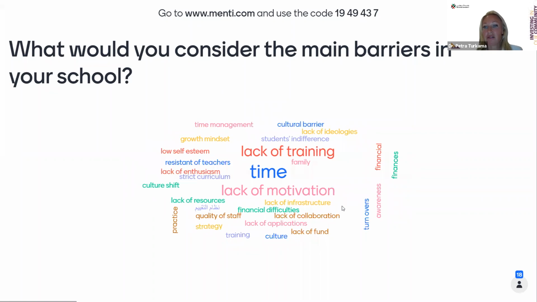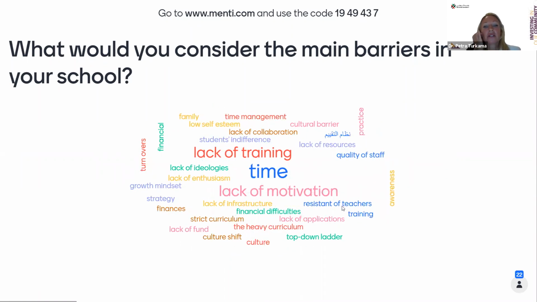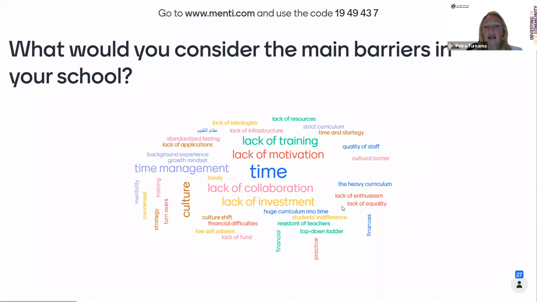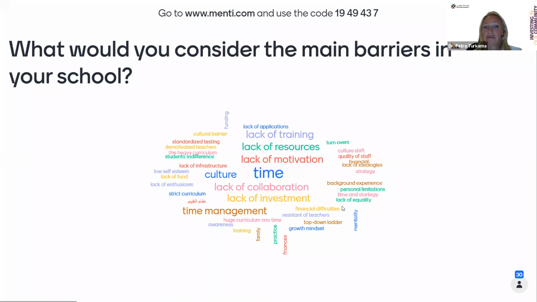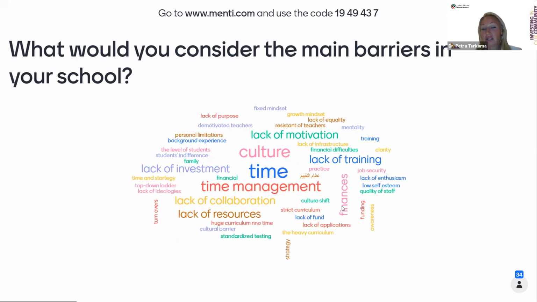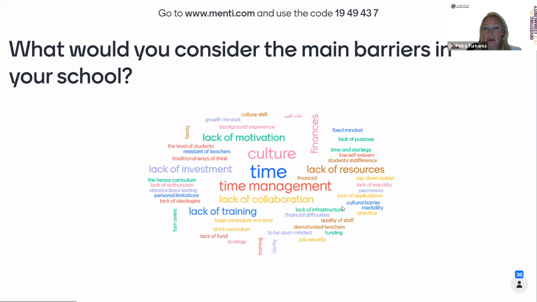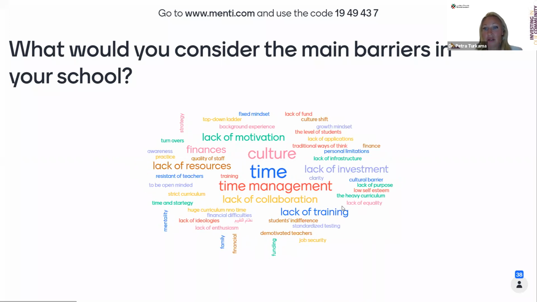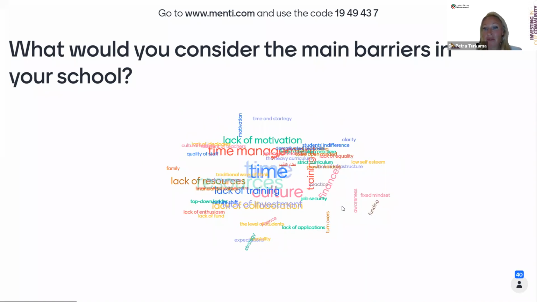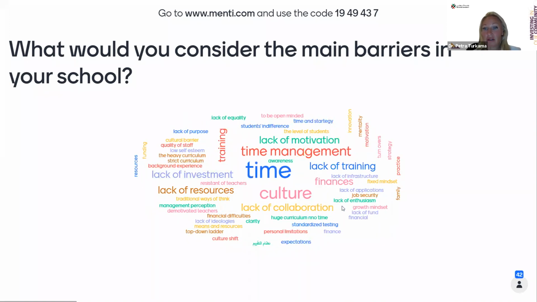So we have to continuously remind ourselves to strive for innovation. Lack of ideologies, ideas, infrastructures, resources, turnovers. It does actually help if you have some resources, like some games or some apps, whatever it might be. It is easier even for those who have not been so much involved in innovation before.